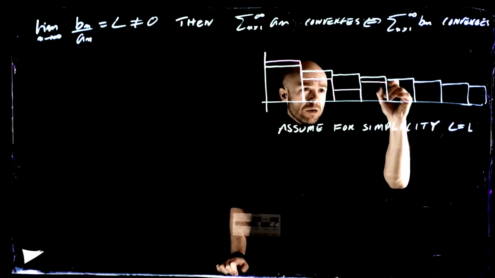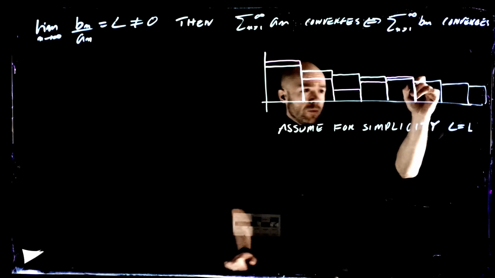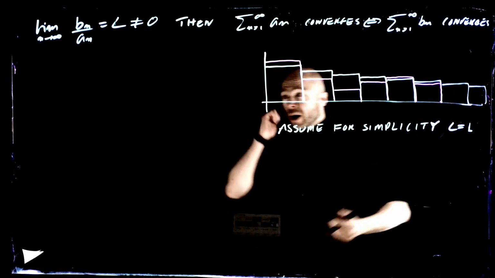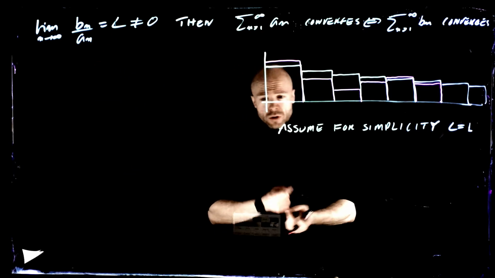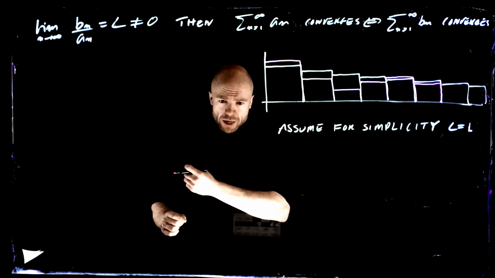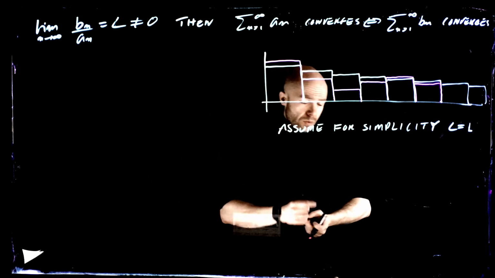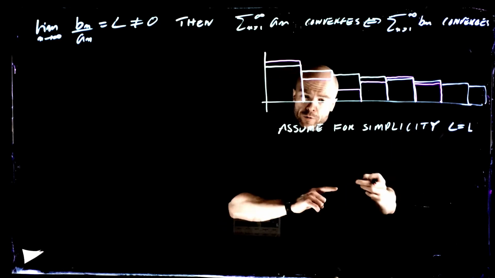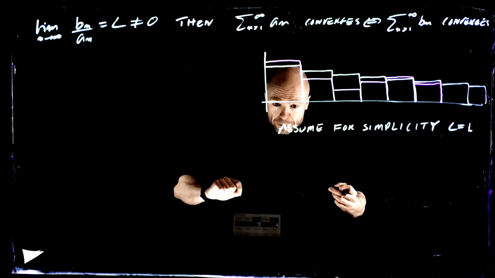But increasingly, as we go along, the ratio of An over Bn is closer and closer to 1. Saying it another way, An is more and more between, say, 101 and 99% of Bn. In fact, as you keep going, it's more and more between 100.1 and 99.9% of Bn. That's exactly what this is saying in the case when L equals 1.